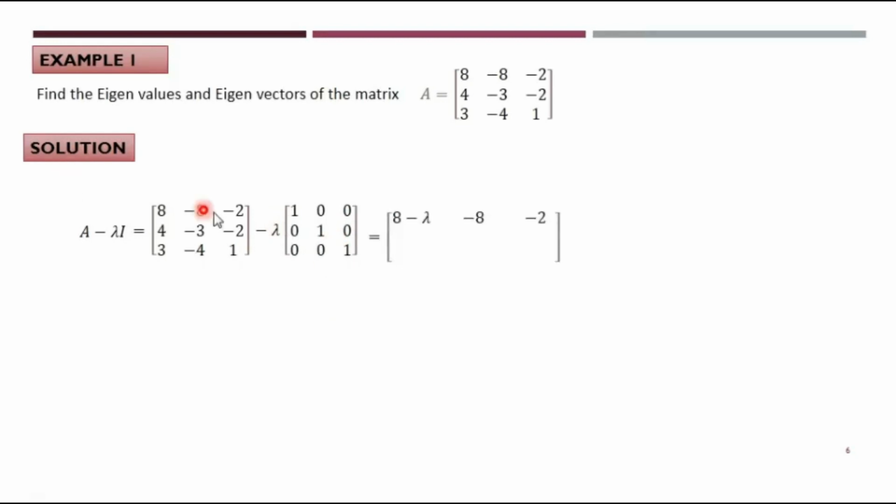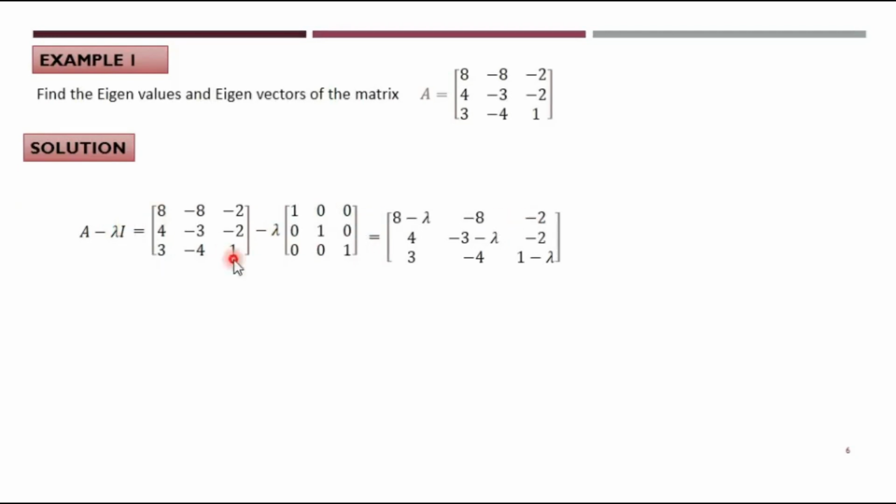We will have 8, यहाँ पे lambda 0 0 0 lambda 0 0 0 lambda. तो अभी हमको subtract करना है. So 8 minus lambda into 1, that is 8 minus lambda, minus 8 minus lambda into 0, which is minus 8, minus 2 minus lambda into 0, that is minus 2.